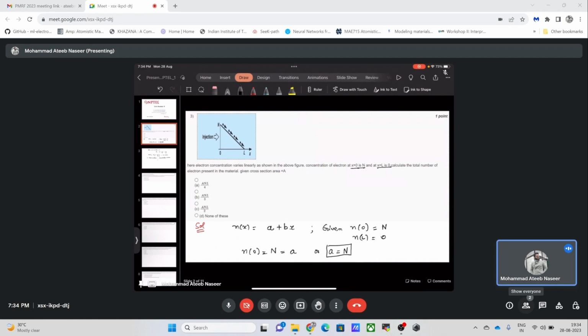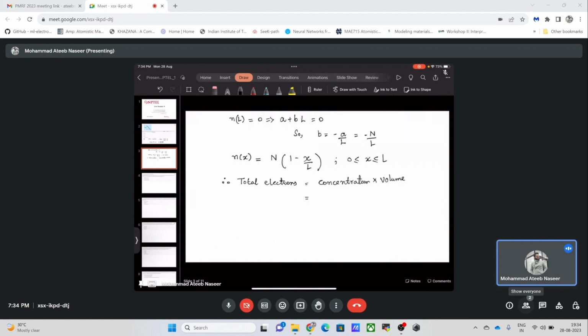We have been given the cross-sectional area for this material as A. So it would simply be A times the integral of this electron density between the limits 0 to L, n times 1 minus x by L dx.